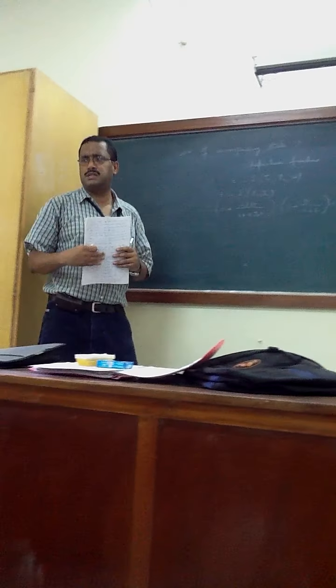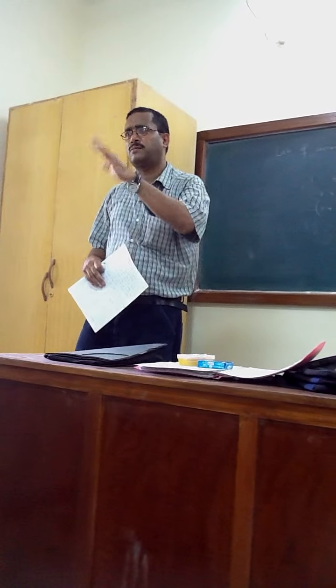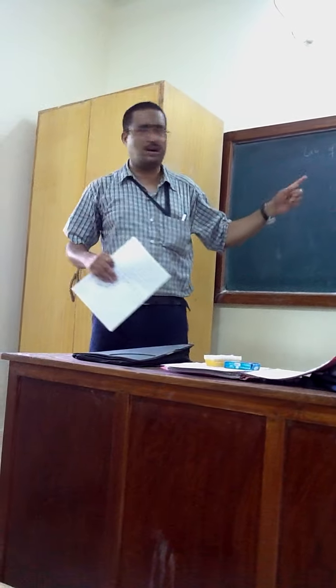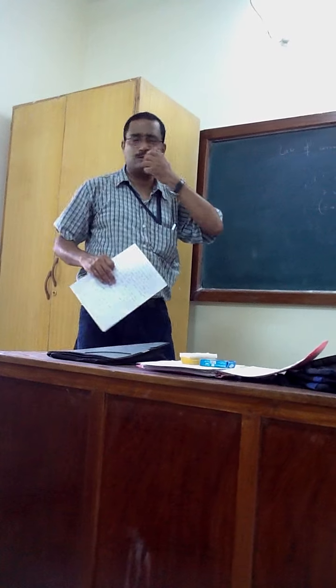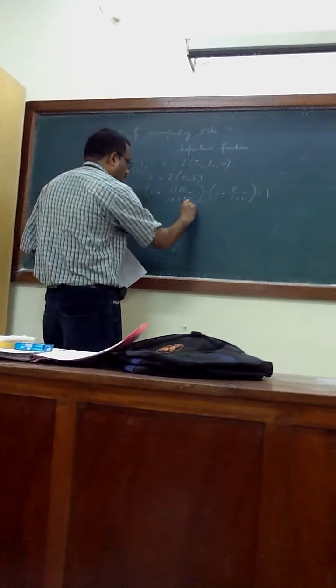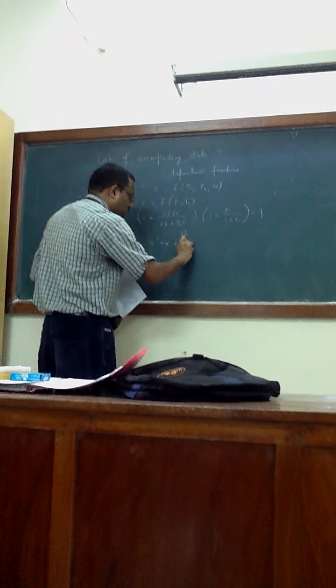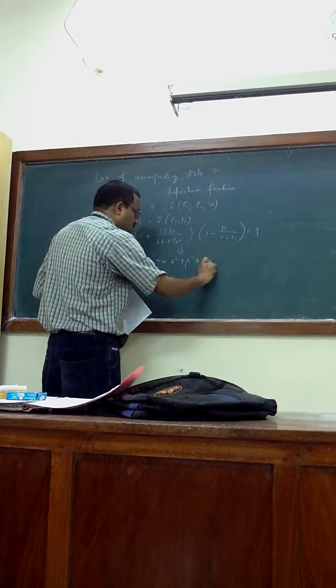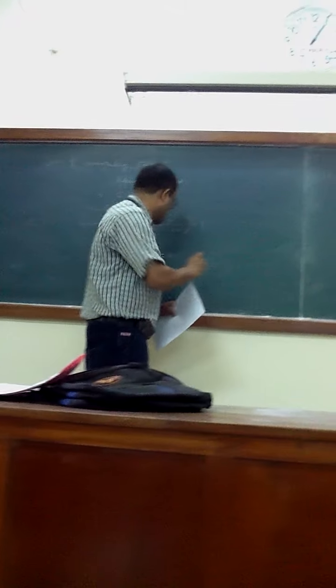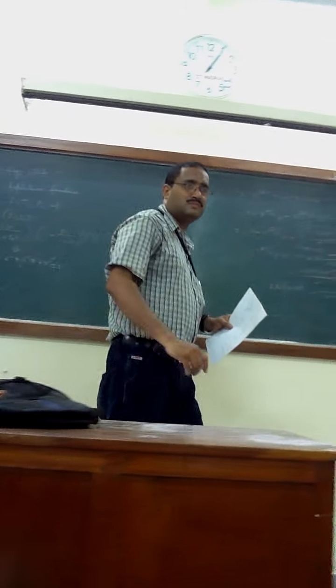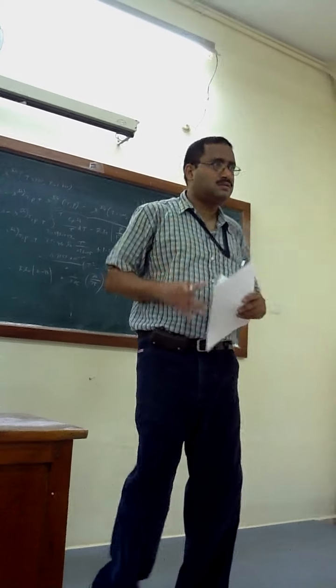And one of my friends gave me the Cardano's method coefficients. So from here, one can write Z cubed plus alpha prime Z squared plus beta prime Z plus gamma prime equals 0. This we have done already.